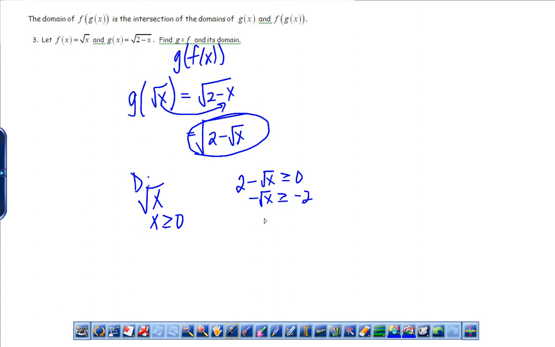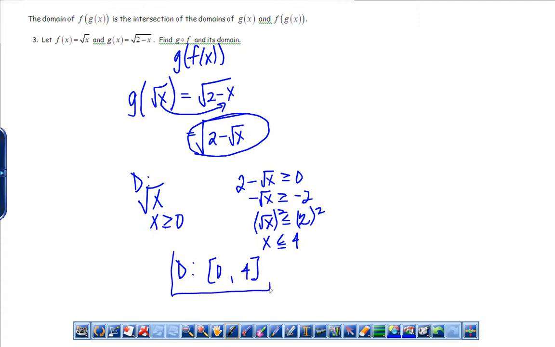I would divide by negative. So the square root of x is going to be less than or equal to 2. Let's see, let's square everything. So that gives me x is less than or equal to 4. And if we combine both of these, it looks like your domain for everything is going to be 0 to 4. And that would be everything.